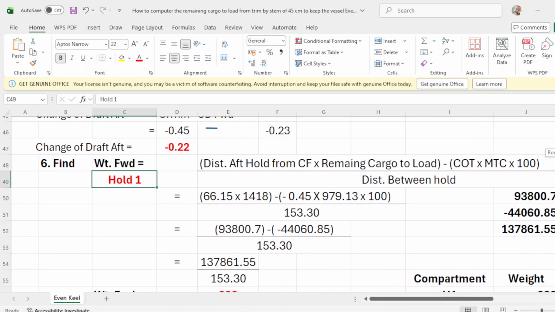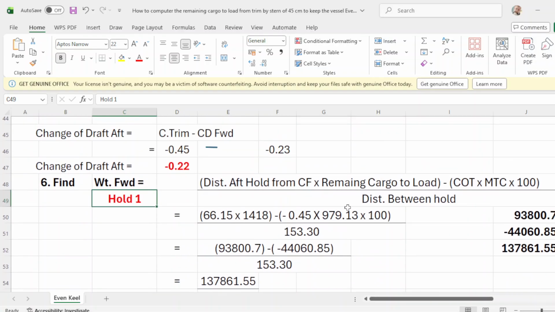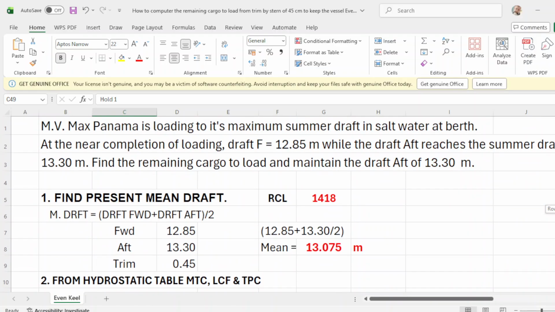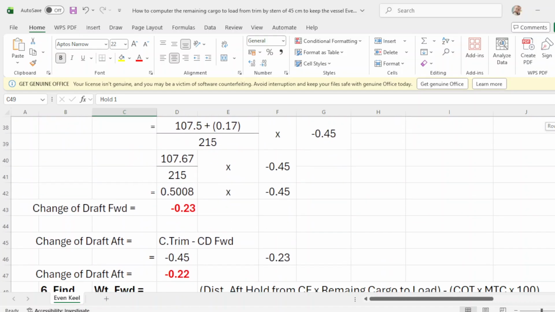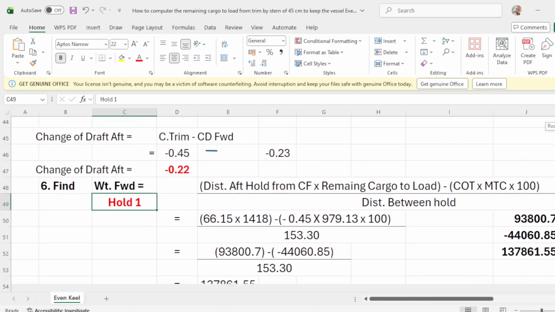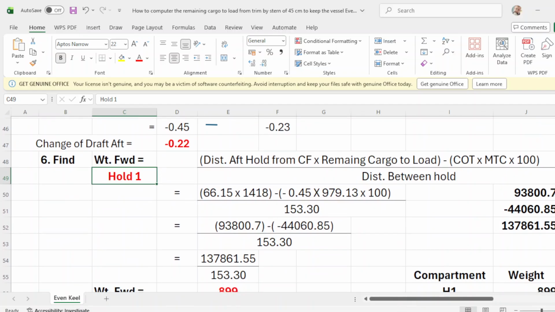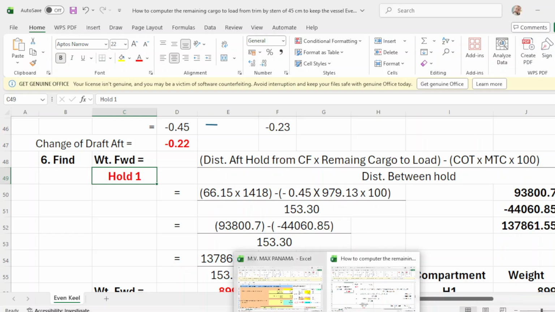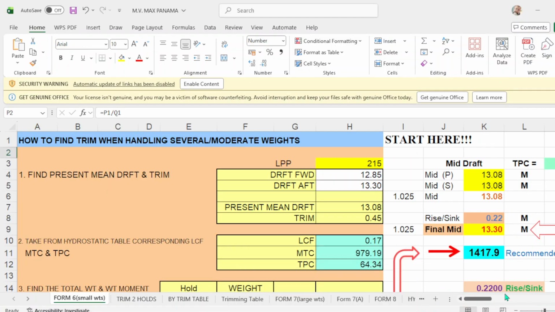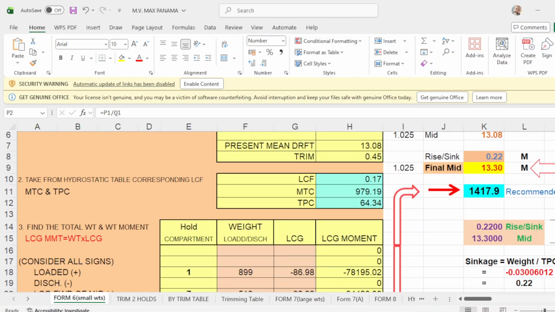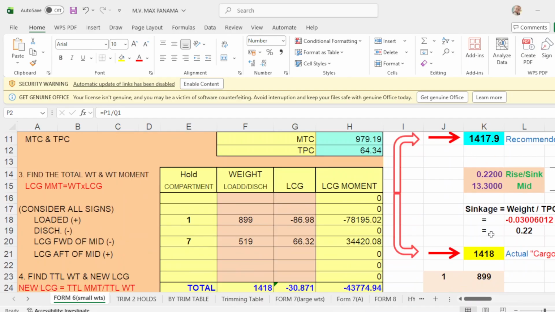And remaining cargo to load is 1418. Okay, 1418, which is this one.